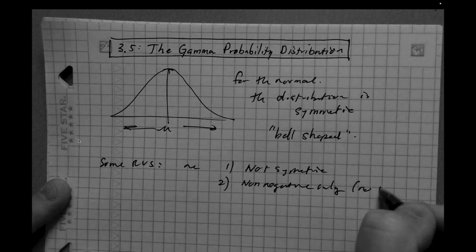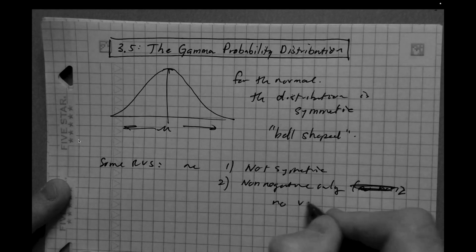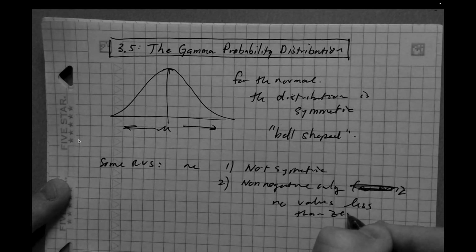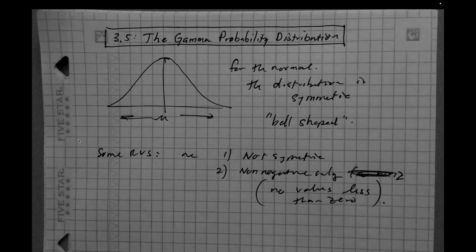No values less than 0. And so this is going to give rise to distributions that have a bit of a right skew. They're kind of skewed to the right.